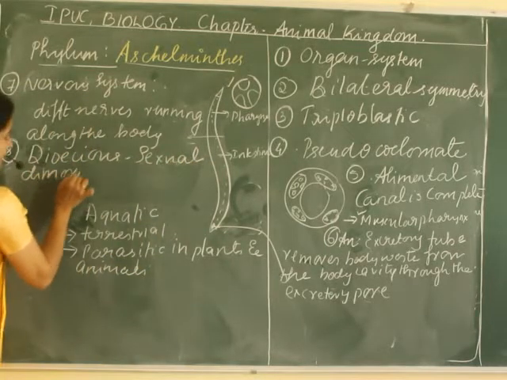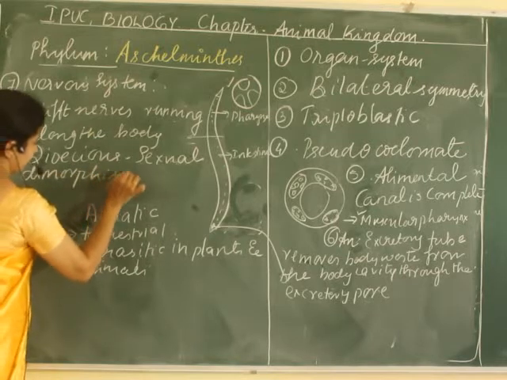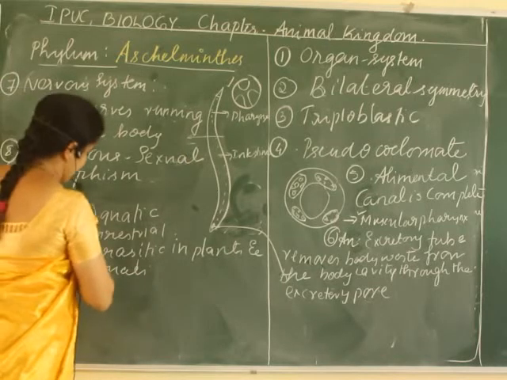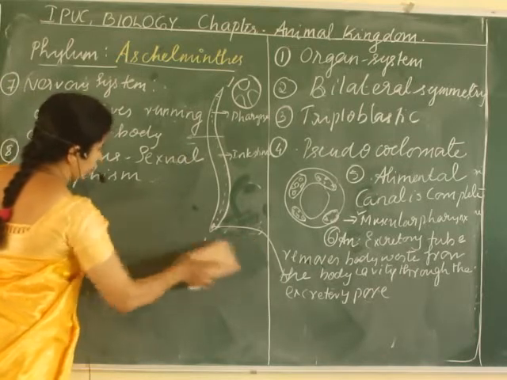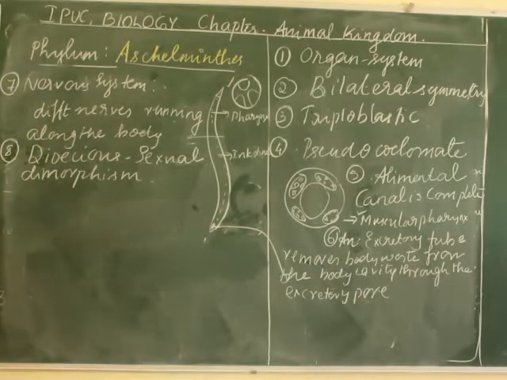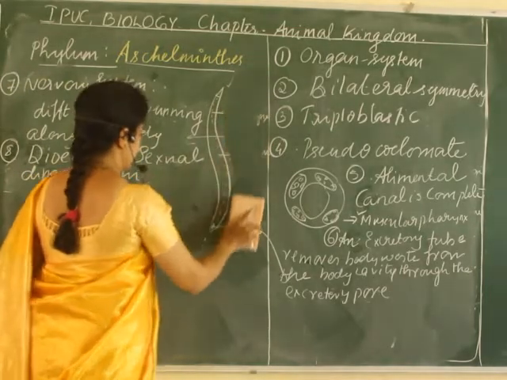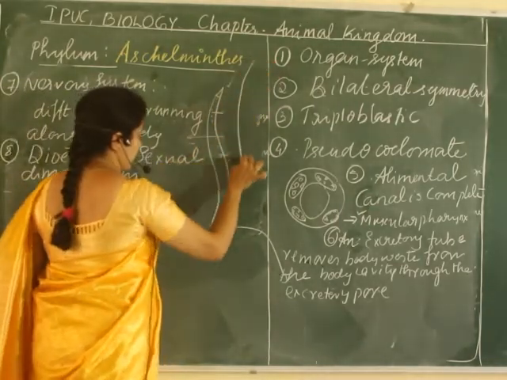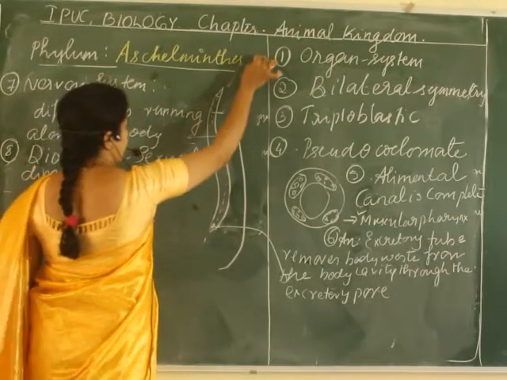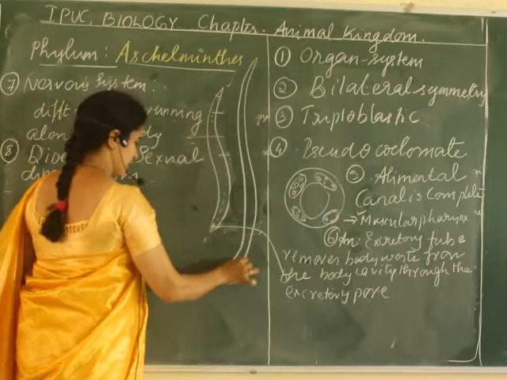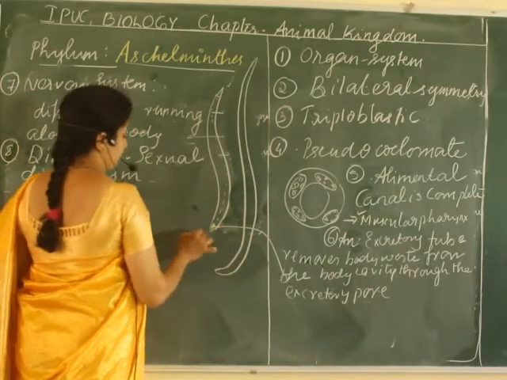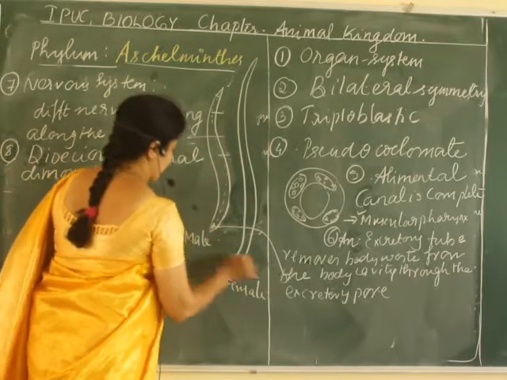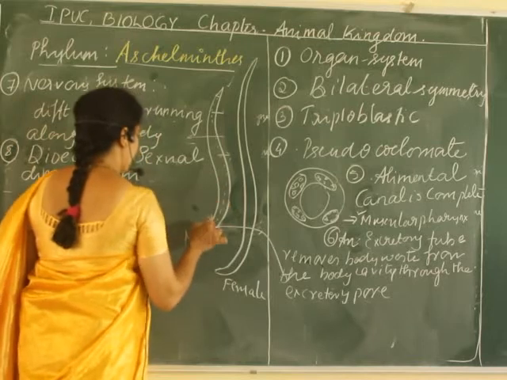And in the case of Aschelminthes, that is, in the case of Ascaris, the female Ascaris is usually longer than the male Ascaris. So this is a male Ascaris, this is a female Ascaris.